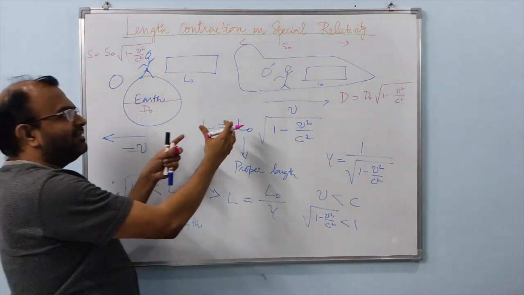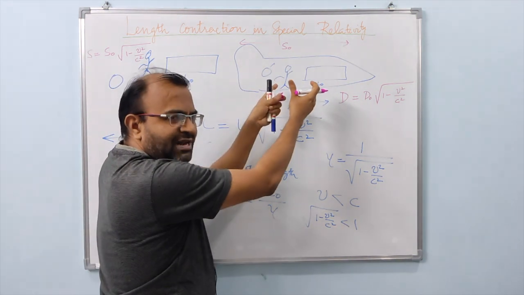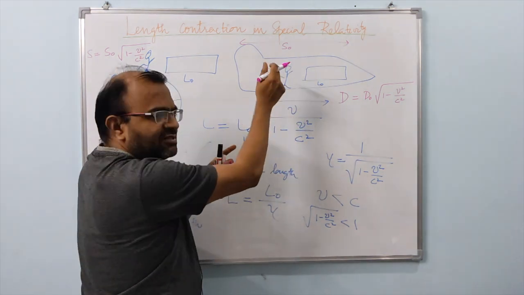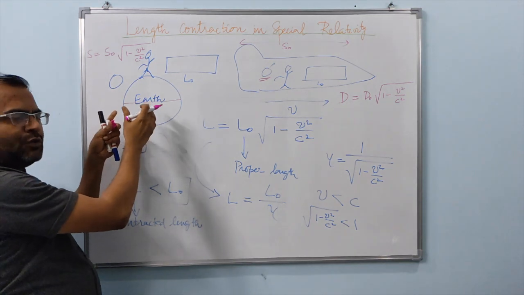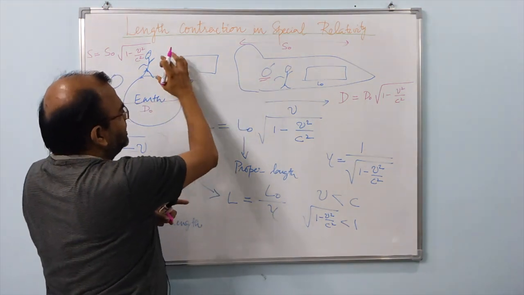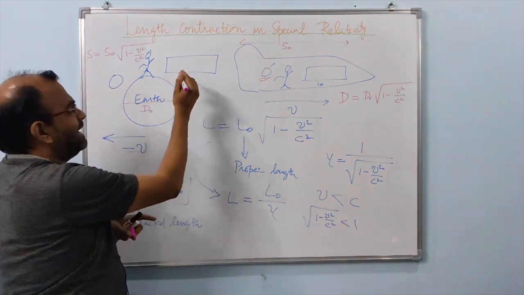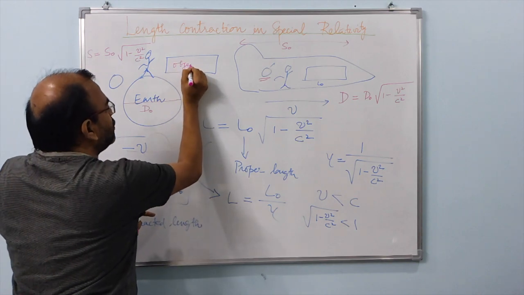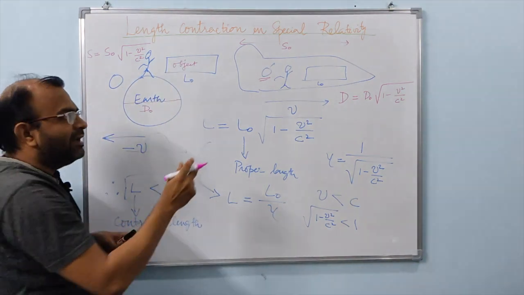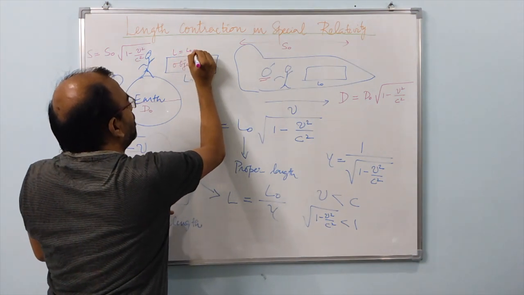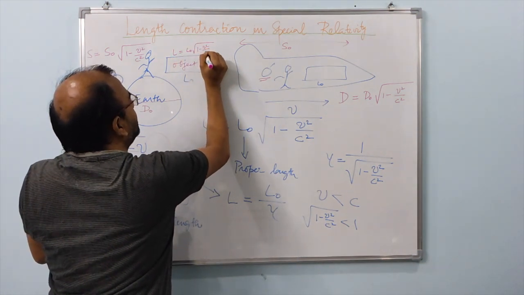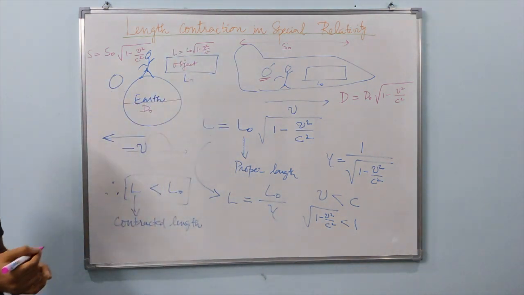Any other length measured by the observer O prime in the spaceship on Earth would also appear to him to have shortened. So this scale, or any object for example, as measured by this observer would have a length L equal to L0 times the square root of 1 minus v squared over c squared, the same factor.